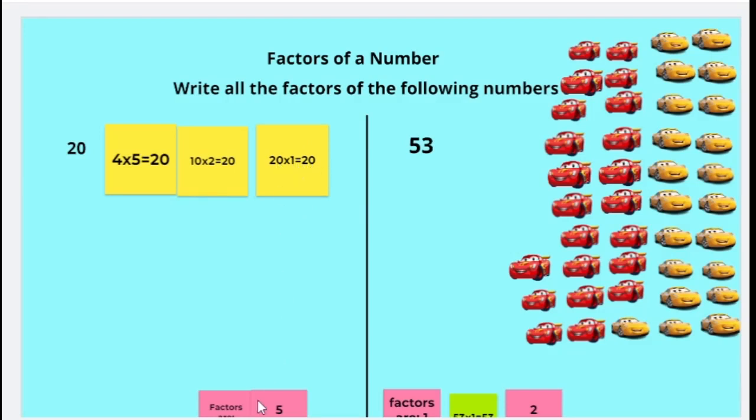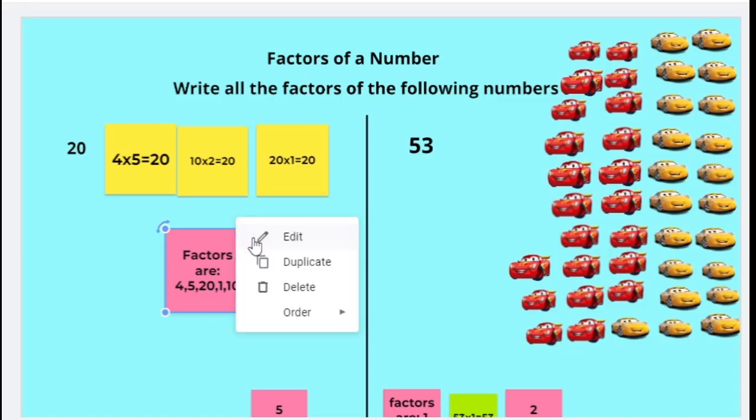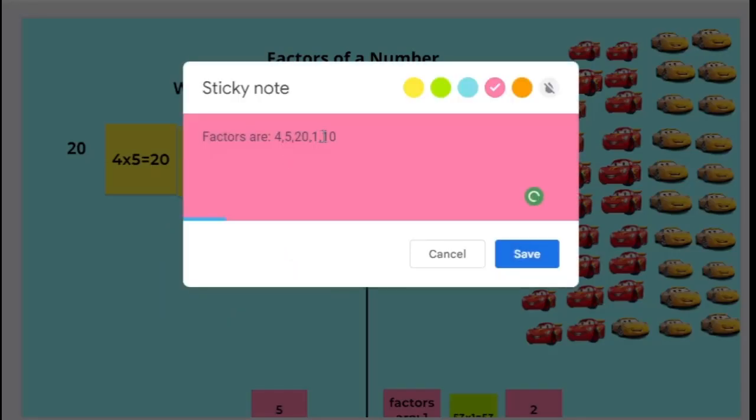All right. How many factors did you count? All right, so the factors of 20 are 4, 5, 20, 1, 10. I left out a number. I left out 2.